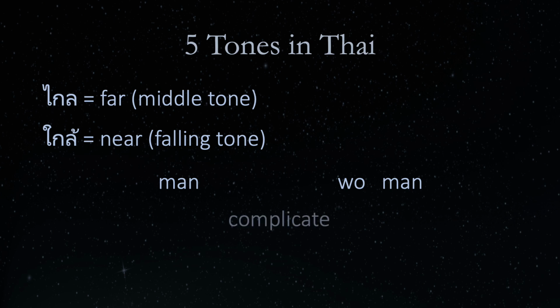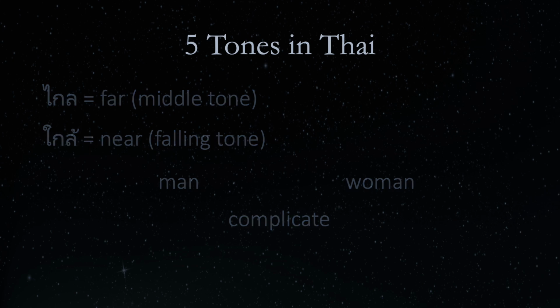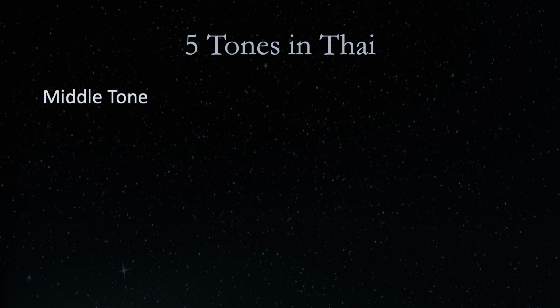Wo-man. Complicate, on the other hand, has 3 syllables or 3 beats. Complicate. The Thai word glai, meaning far, mentioned earlier, has 1 syllable or 1 beat, as does the word glai, meaning near.